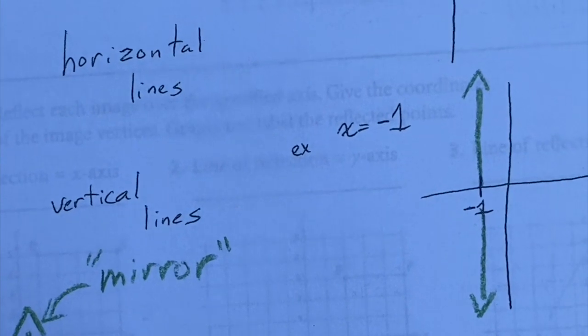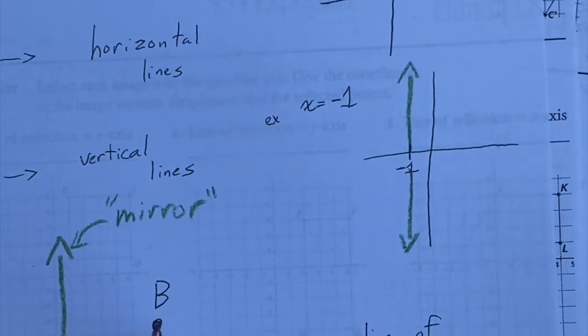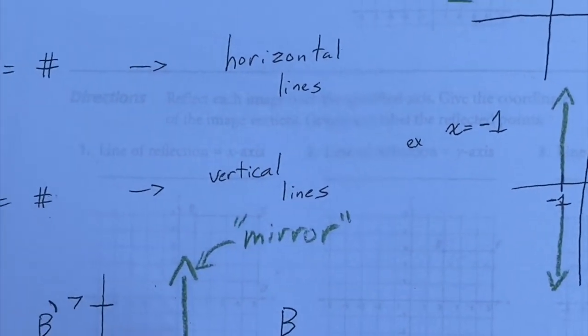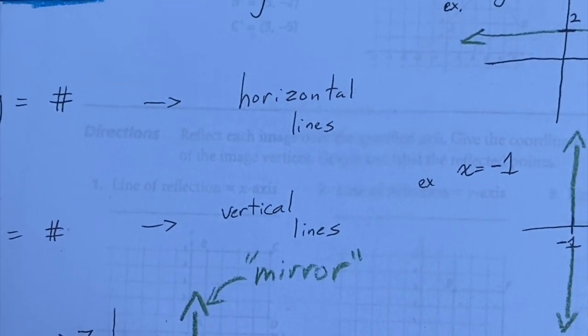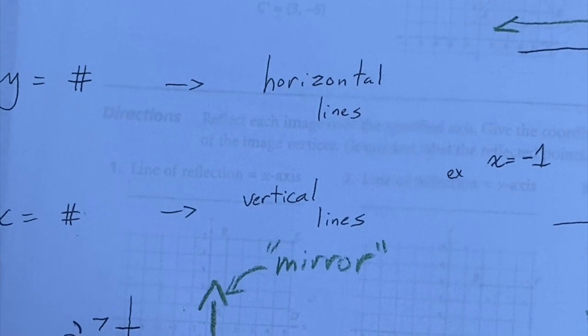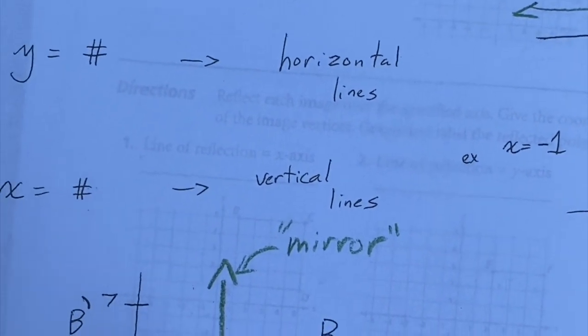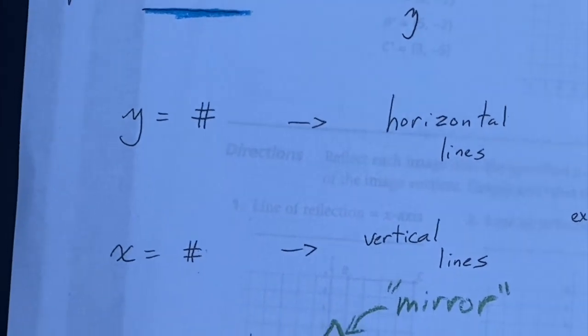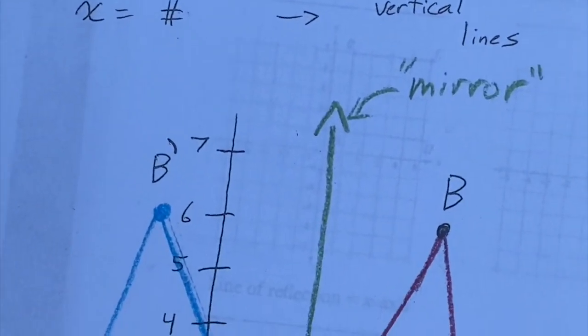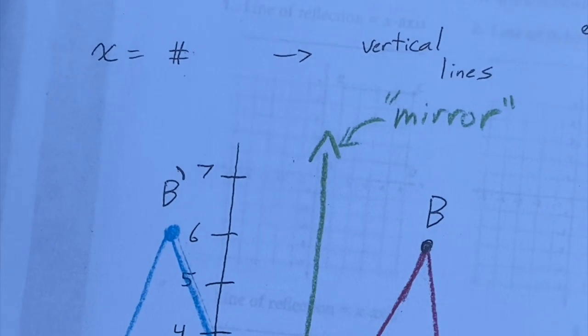And then lastly, we have B, which is 1, 2, 3 units away from this side to here. So let's go 3 on the opposite side of the line of reflection. 1, 2, 3, and there's our placement for B prime. So reflection over the coordinate grid is really easy.